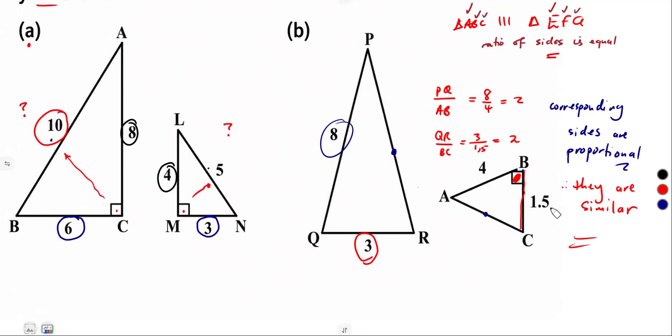Make sure that when you are using the ratio, here is the first triangle to the second triangle. So this is the first triangle over the second triangle. The value of the first triangle to the one of the second triangle. You use the same order. Do not mix up, taking values from the second triangle divided by the first triangle, and another from the first triangle divided by the second.